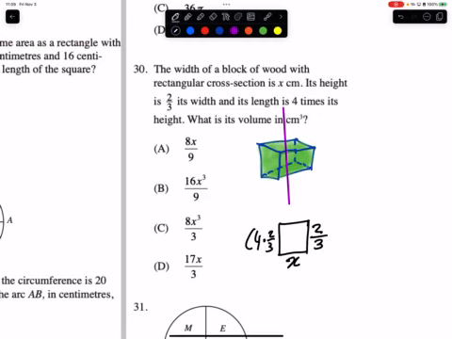Oops. Yeah, like that. Right, 1 second. Have the height.